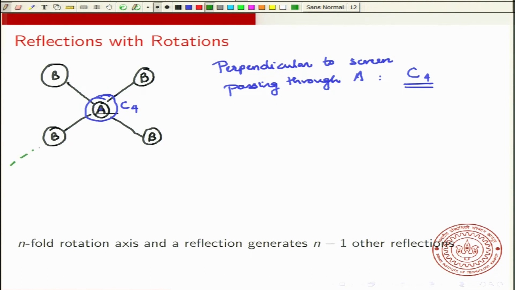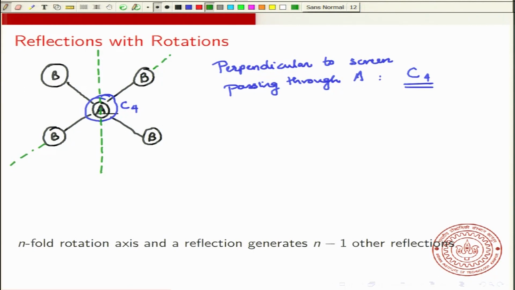Again, everything is perpendicular to the screen. Passing through these 2 B's, you have a mirror plane. Similarly, you can also have a mirror plane in this way, perpendicular to this A.